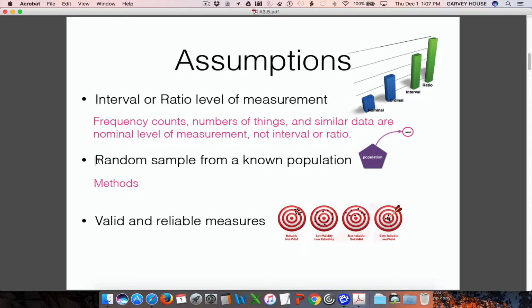We also must assume that the sample is a random sample from a known population. Now, this has everything to do with the method of how the data were collected. And this isn't something that we can adjust to make it right.